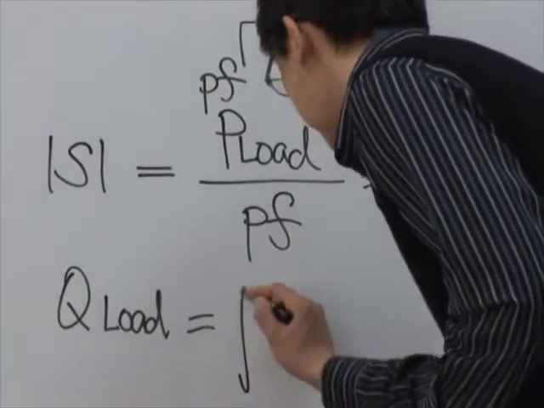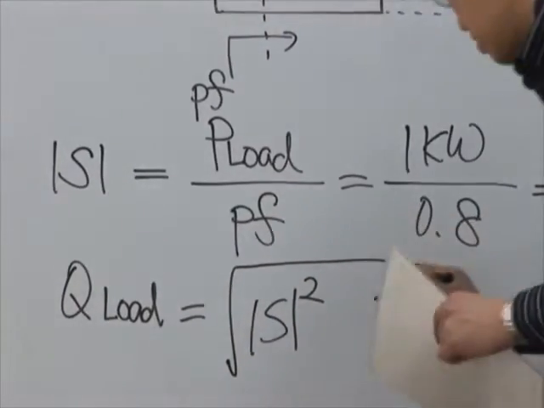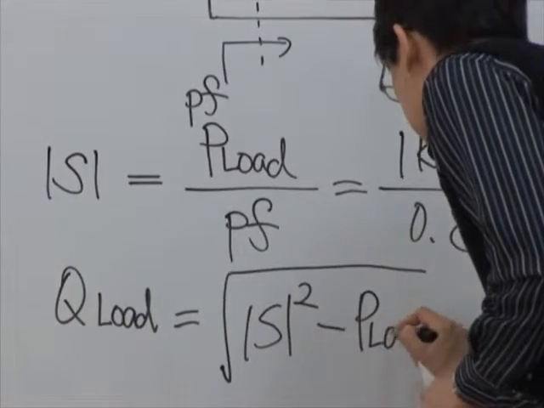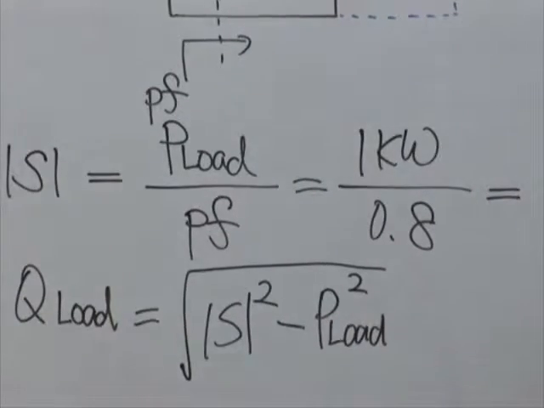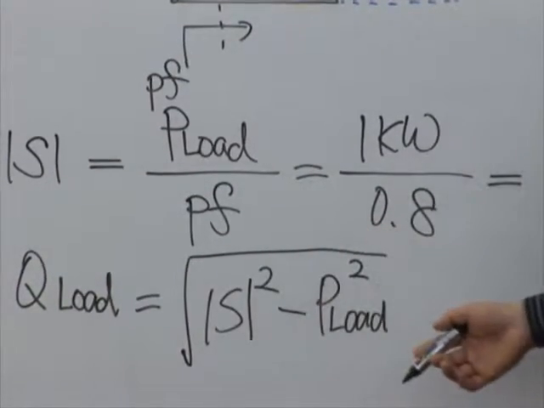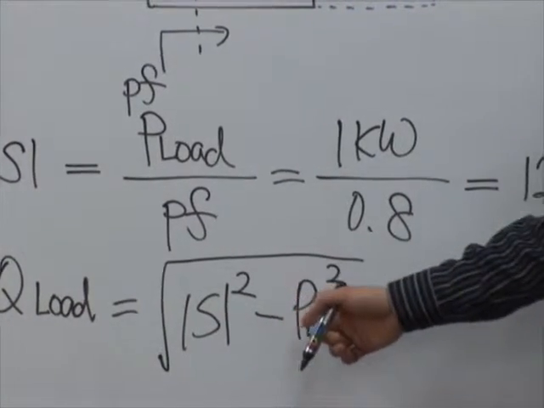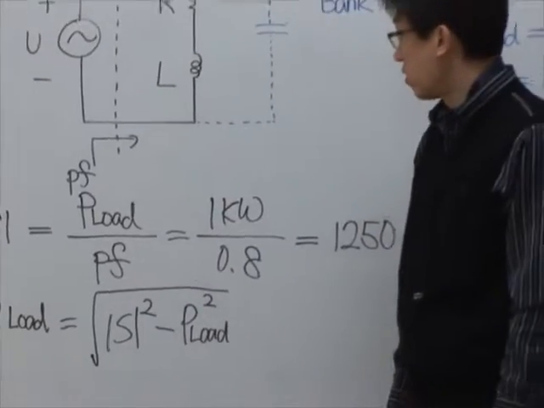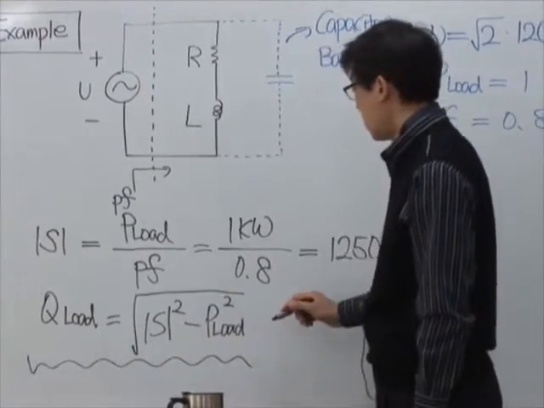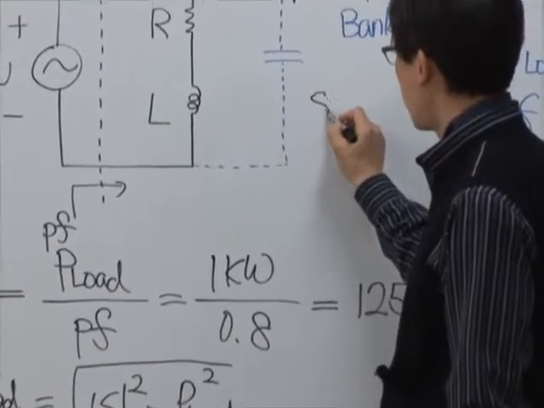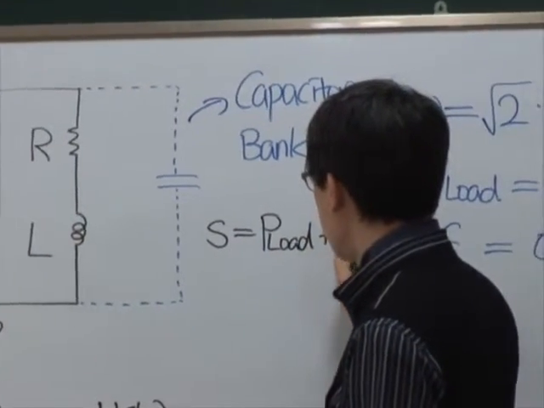And this is the same as Q load equal to the square root of apparent power squared minus P load squared. Where did it come from? This is coming from this relationship. S is equal to P load plus j Q load.